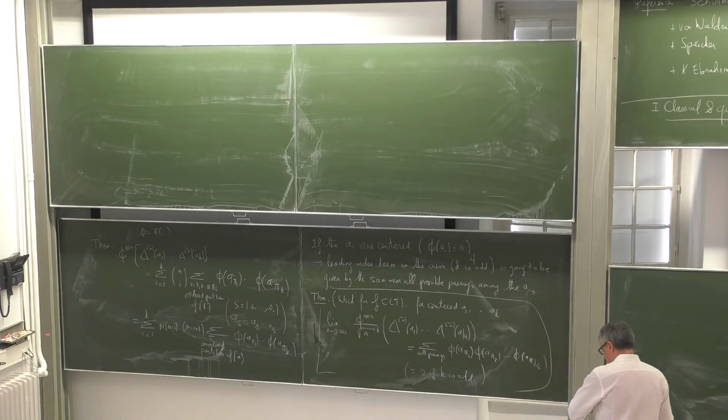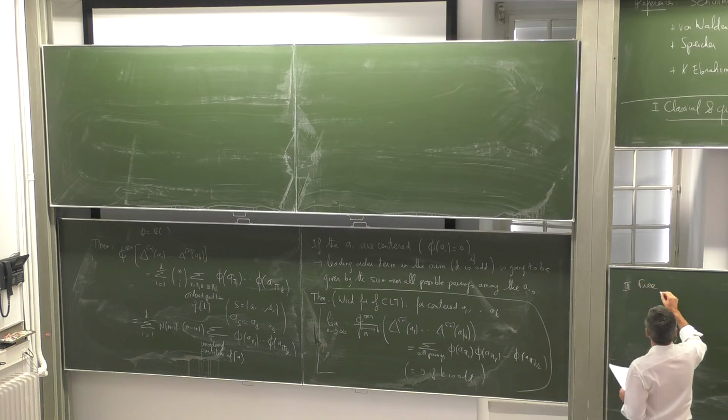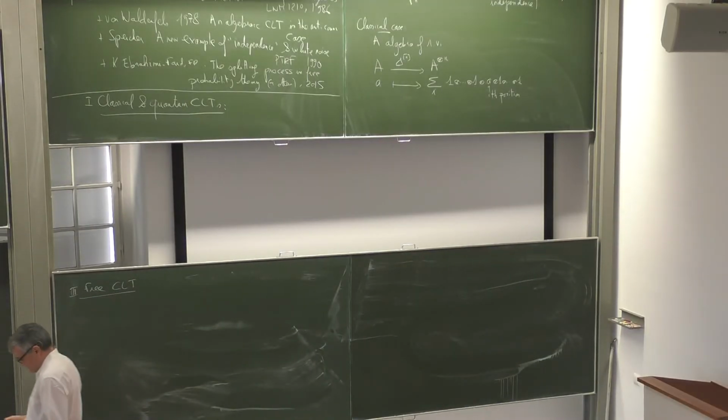What I would like to say now is, or to introduce, is a new kind of object. And I will do this through what can be called the free central limit theorems. And then we're going to see a new kind of algebraic phenomena enter the scene.